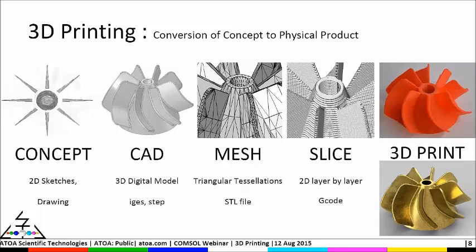This information is then used to slice the 2D layer-by-layer data for 3D printing. This is usually written in machine readable form, for example in G code. This information is passed to the 3D printer, which can read this input and then deposit material layer by layer to build the 3D product parts in any material you want, depending on the printer you choose.